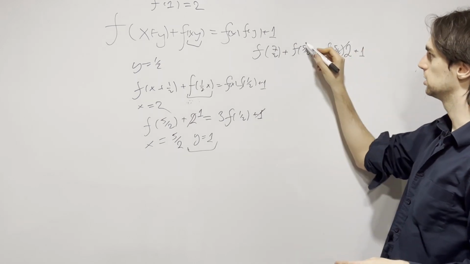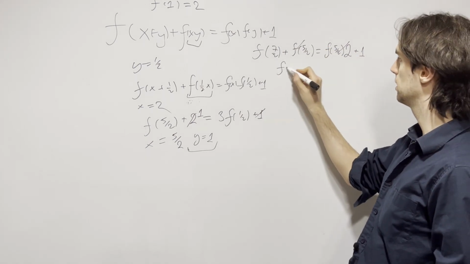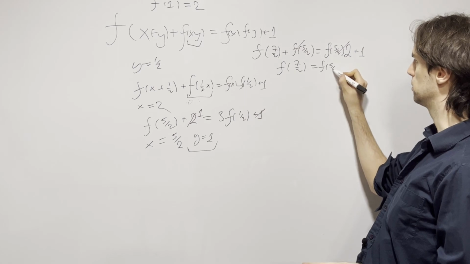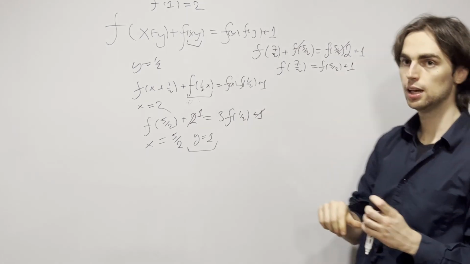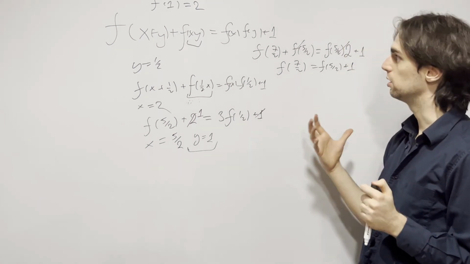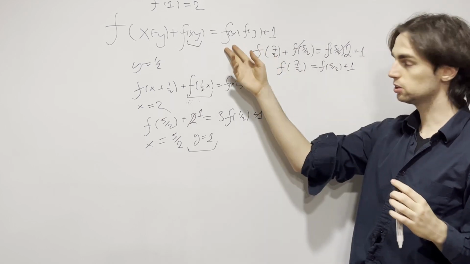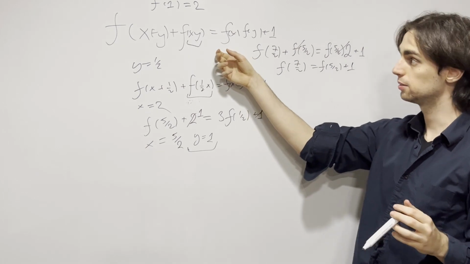In other words, these cancel out, and I have f of 7 over 2 is 5 over 2 plus 1. And now's a good time to see what I just did. The answer is, I plugged in a 1.